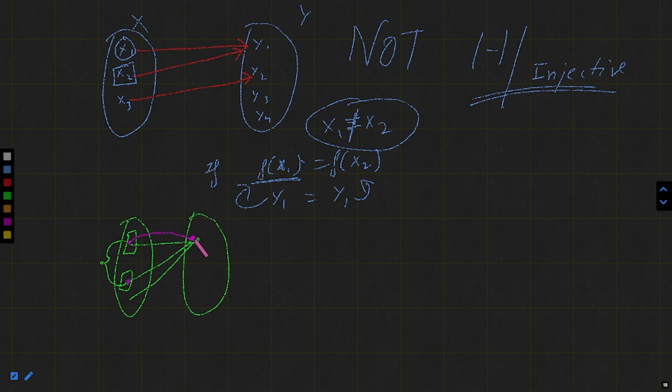So here this output is associated to this input and this input. This cannot happen in a one-one function. So this is not allowed in a one-one function. I hope that it is clear to you.